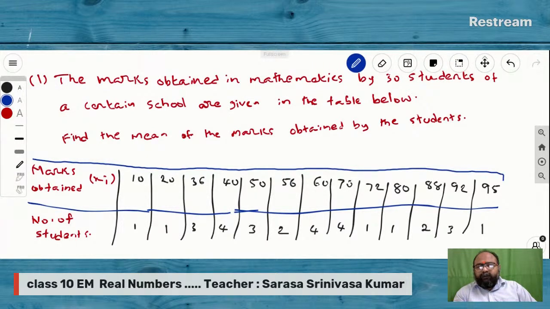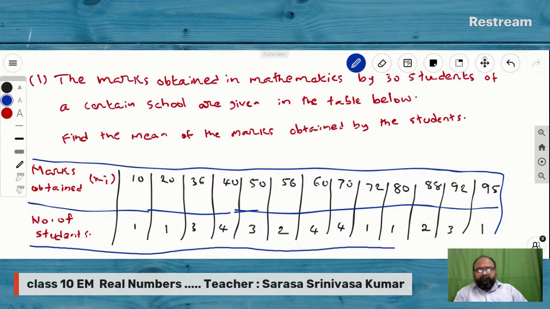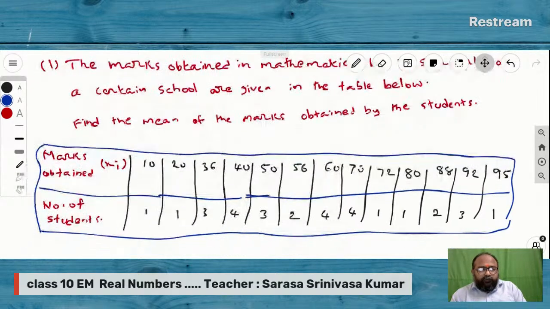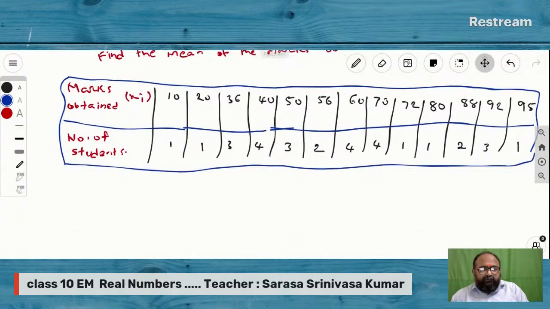Now we have to find the arithmetic mean of this given data. Now this information is rearranged.